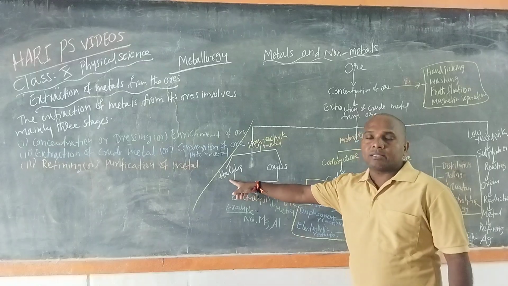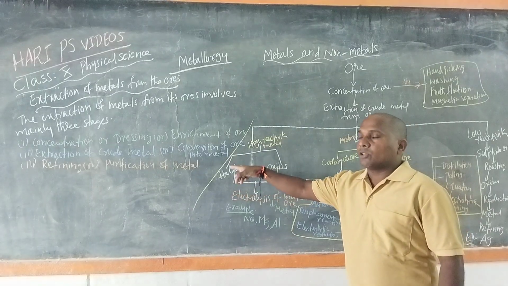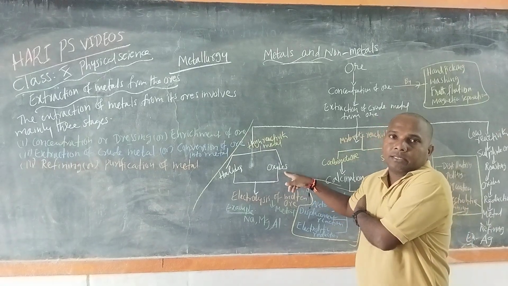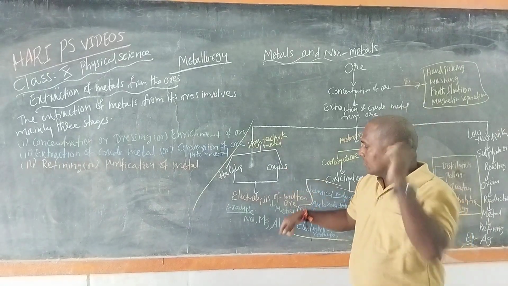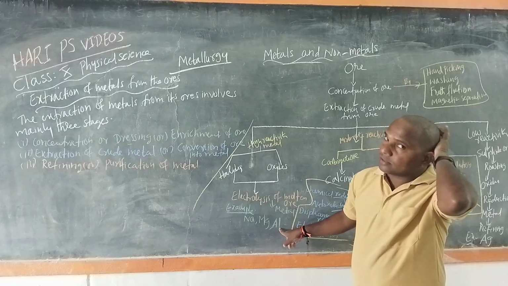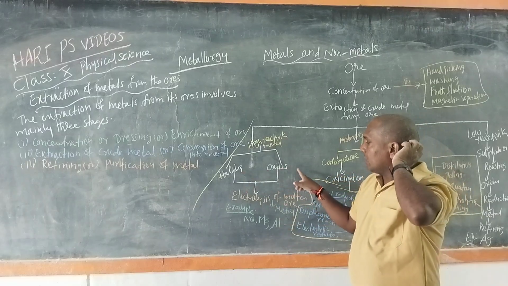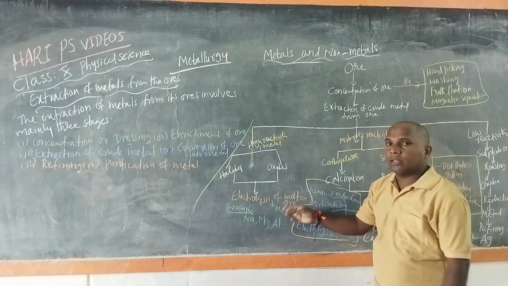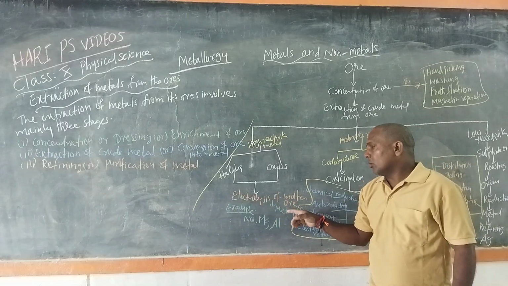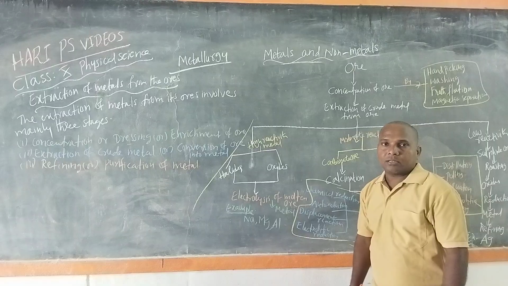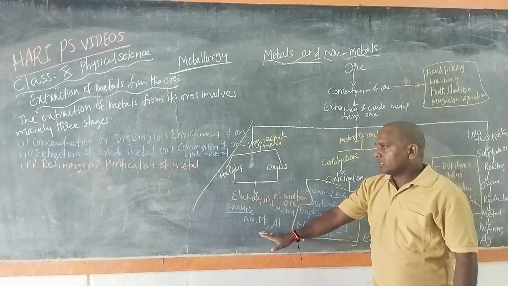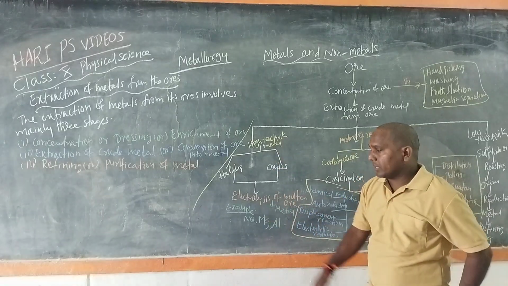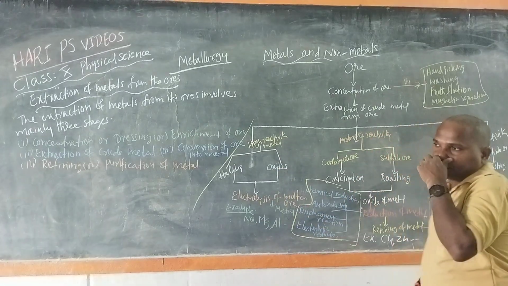For example, AgCl, sodium chloride, bauxite, hematite, sodium oxide, magnesium oxide, aluminum oxide. These are extracted by electrolysis of the molten ore, which gives highly reactive metals like sodium, magnesium, aluminum.